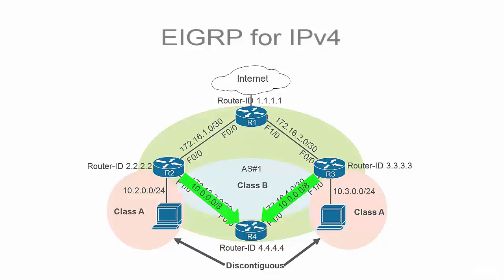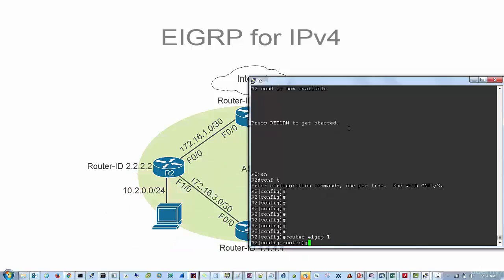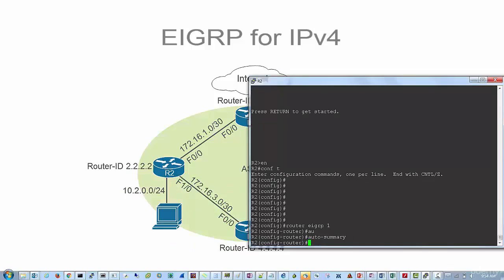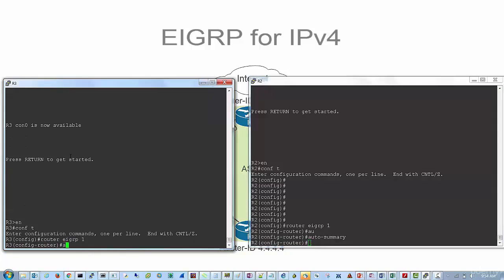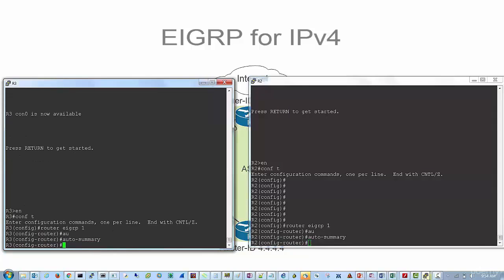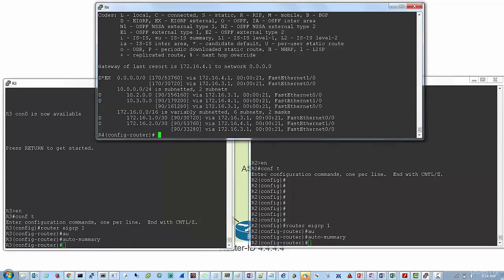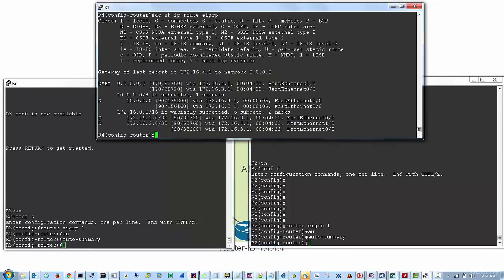Alright, so let's go under EIGRP on R2, and we'll say auto summary, and we'll do the same thing on router 3. Let's go down to R4 now, and now you see that it's learning 2 10.0.0.0 summaries, one from each router.